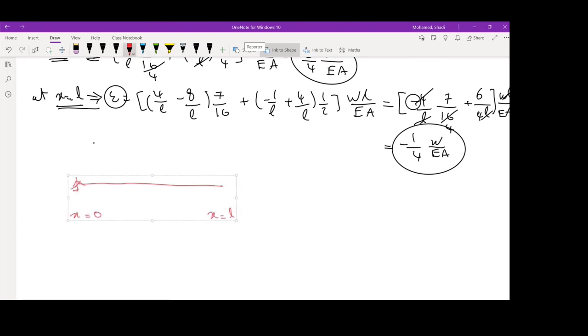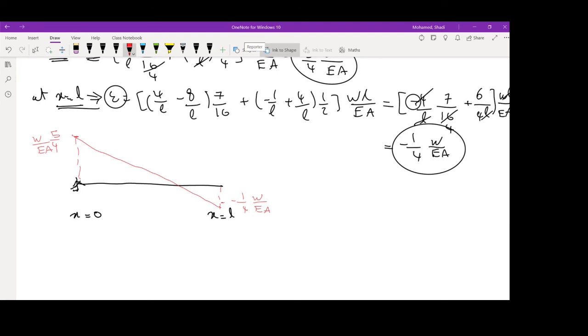Just use a different color. So you'll see that the strain at this point is 5 over 4 W over EA. And at this point, it goes to minus 1 over 4 W over EA. So it is moving from positive to negative and is crossing 0 at some point. Right, it's just an exaggeration. But this is how the strain would look like.